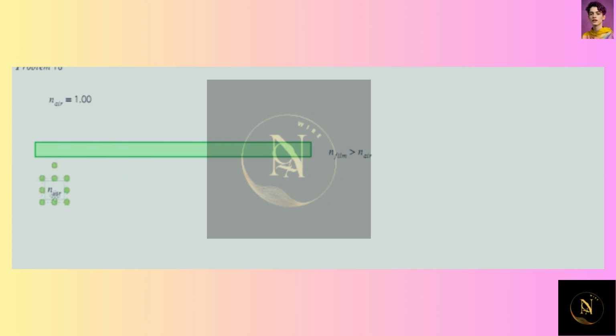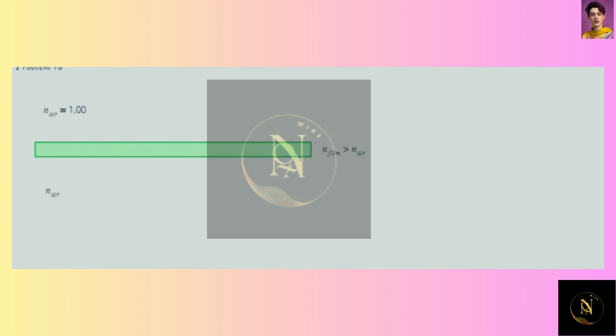Okay, before we start doing the light diagram, let's recall certain things. As light goes from a refractive index that's from low to high, there's going to be a pi shift, or a phase shift of pi radians, or 180 degrees at the boundary.